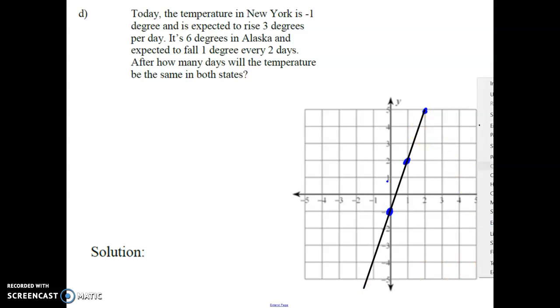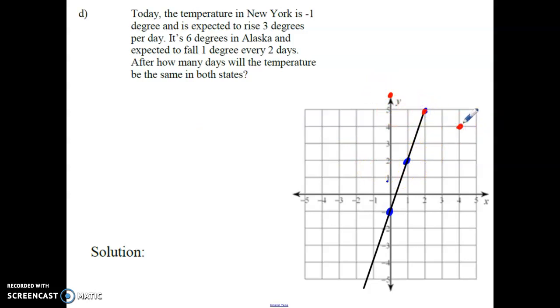And go ahead and do the second one. It's 6 degrees in Alaska, so we're going to start up here. And the temperature will fall 1 degree every 2 days.